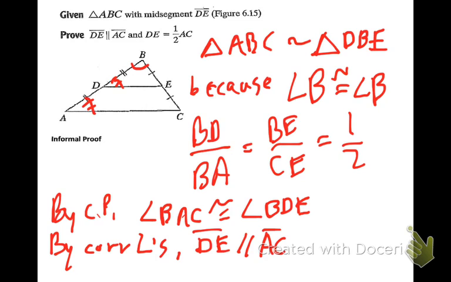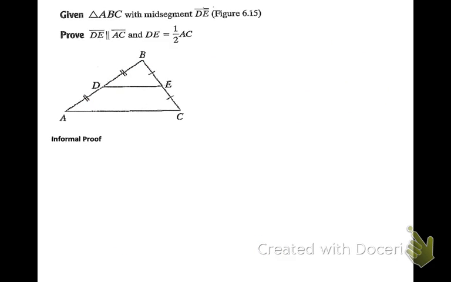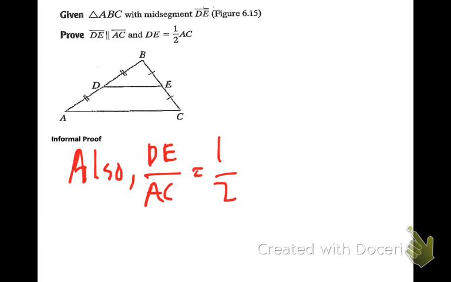Okay. Then we can say also DE over AC is equal to 1 over 2.